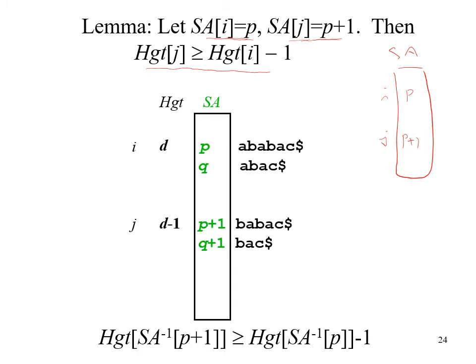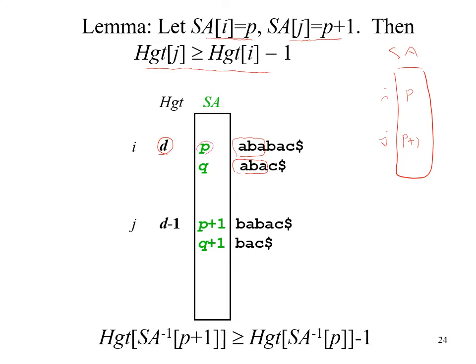So how to prove this? Assume that height[I] is D. Height[I] equals D means this suffix and this adjacent suffix share the first D characters.